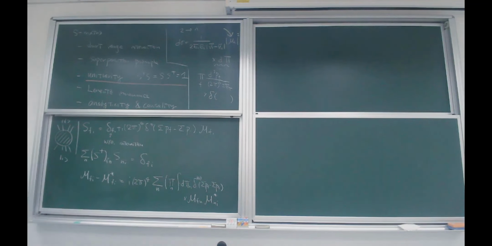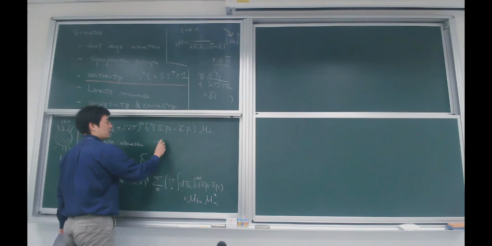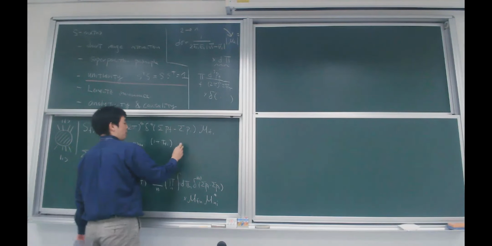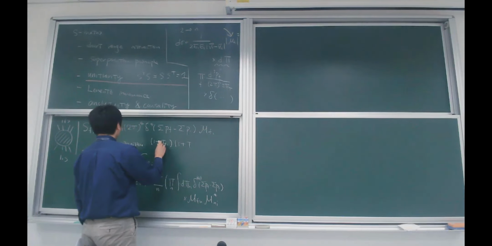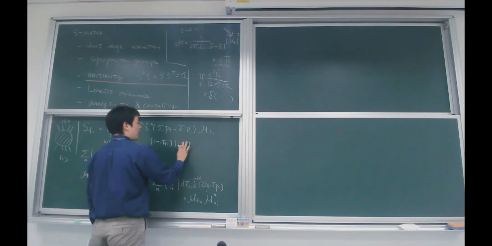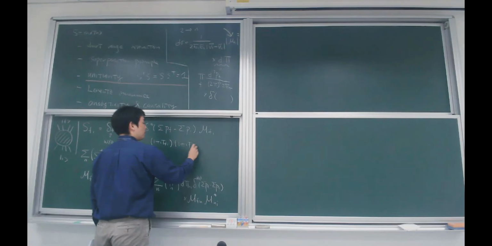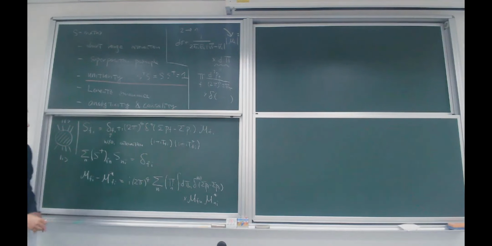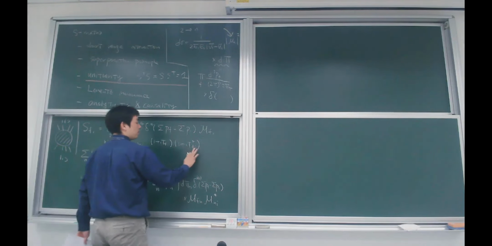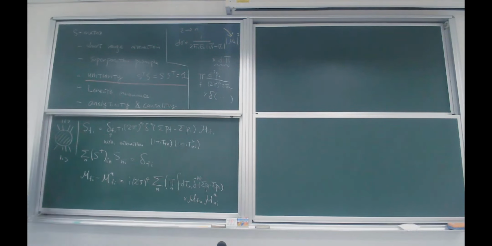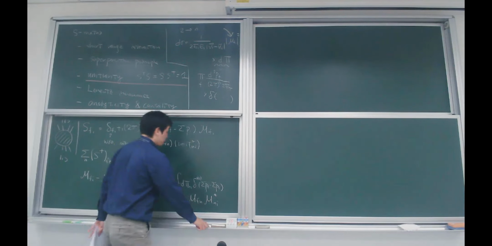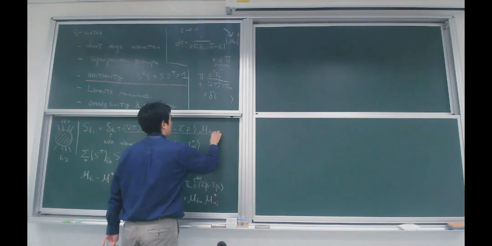So if you plug this equation in here, essentially 1 plus iT_fn, and then 1 minus iT star_ni. I call this one T_fi.